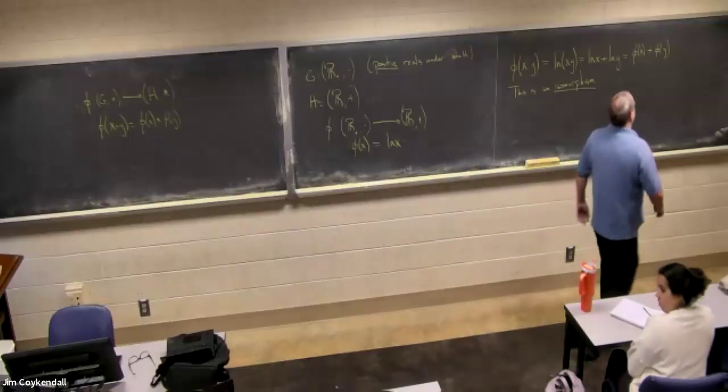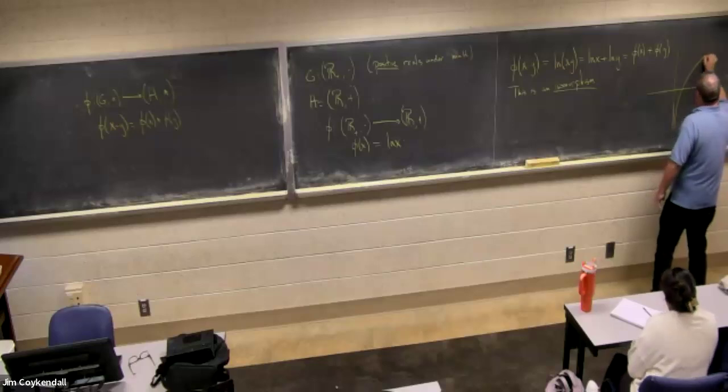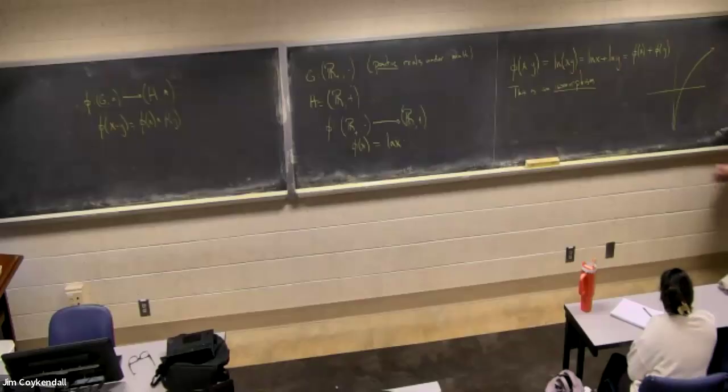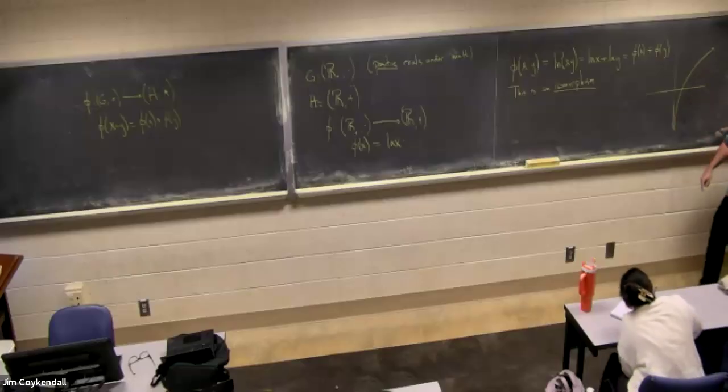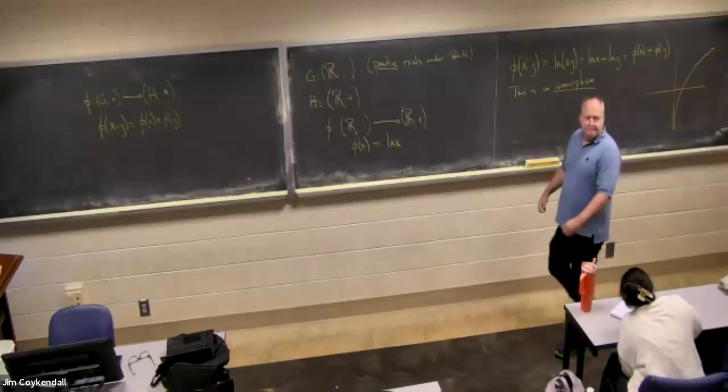Well, it's definitely 1-to-1. Its range goes from negative infinity to positive infinity. That's a crappy drawing of the log right there, but it's supposed to flatten out. And its domain is the positive reals. Its derivative is always positive on this domain, so it's increasing. Therefore, it's 1-to-1. And it's also onto, right? Because the limit as x goes to infinity of the natural log of x is infinity. And it's continuous, right? Yep.